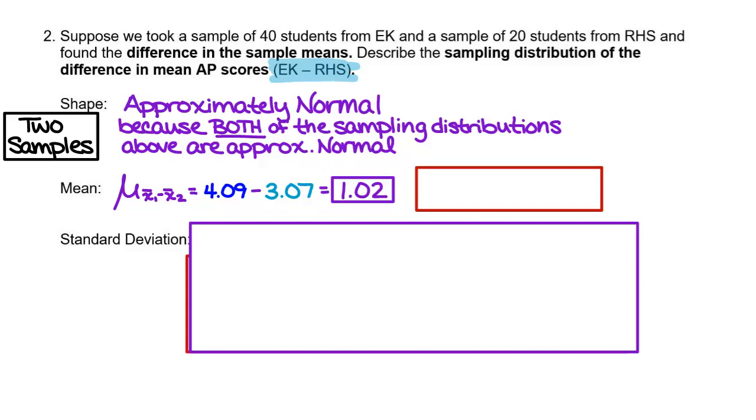So when I'm looking at a situation where I've got two different samples, and I want to know what happens when I put them together, either by adding or subtracting, the shape will be approximately normal if both of the sampling distributions for each of these individual samples is approximately normal. The mean of the difference, I'm going to subtract the means to find the mean of the difference.